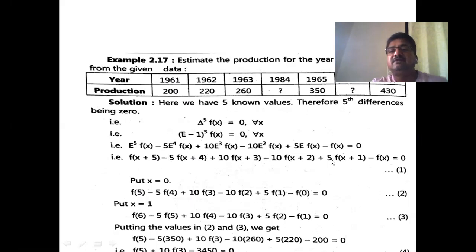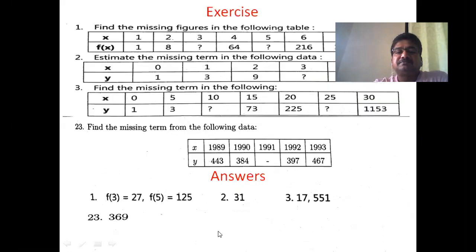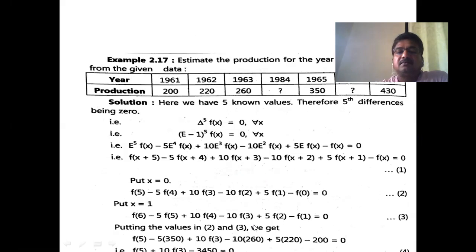Simplify that equation, and that is equation number 1. Then substitute x is equal to 1962, and simplify, and that is equation number 2. Solving these two equations for f of 1966 and f of 1964, we get the values. How can we obtain two equations?